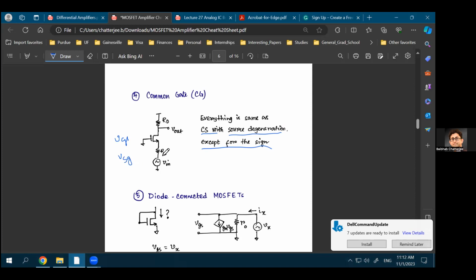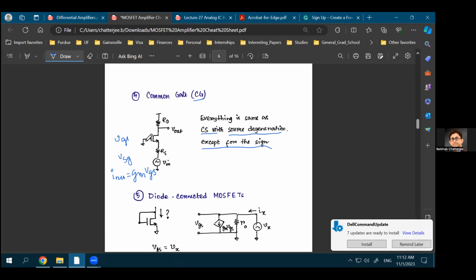If you have the same input voltage, let's say 10 millivolt, you are applying VGS of 10 millivolt in case of common source, but for common gate, that becomes a VSG of 10 millivolt. But the transistor equations, everything remains the same. For the transistor, the equation of I out is basically Gm times VGS. So your VGS is now equal to minus 10 millivolt because you have 10 millivolt at your source and 0 millivolt at your gate. So you have a negative sign. And that's why I'm saying that everything will be the same except for the sign.